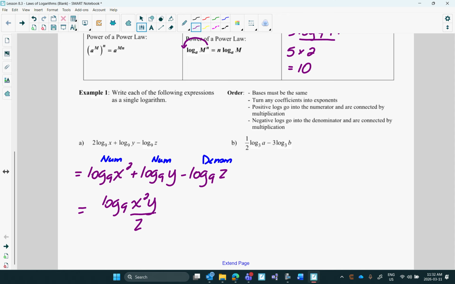So when you simplify, do this law first, and then do the product and quotient ones together next. So what would we do first here? Yeah, these have to go, both of them have to go there. So this becomes log base 3 of a to the 1/2 minus log base 3 of b to the 3rd.